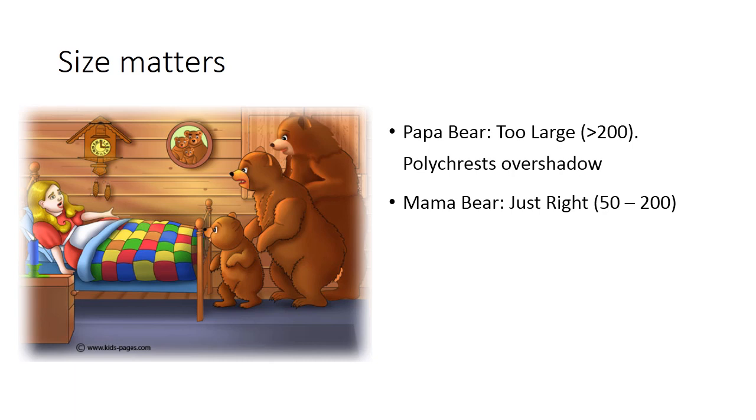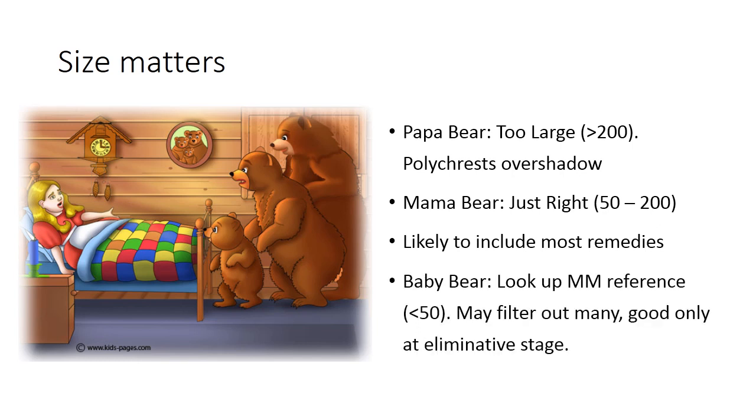Mama bear is just the right size, and that is anywhere between 50 to 160, or maybe stretch it to 200. And the baby bear rubrics are much smaller, and they should be used with care and only after looking up materia medica references to ensure that those rubrics are small, not because they are lacking in their provings or lacking in clinical evidence, but essentially because they affect fewer organs or fewer tissues.